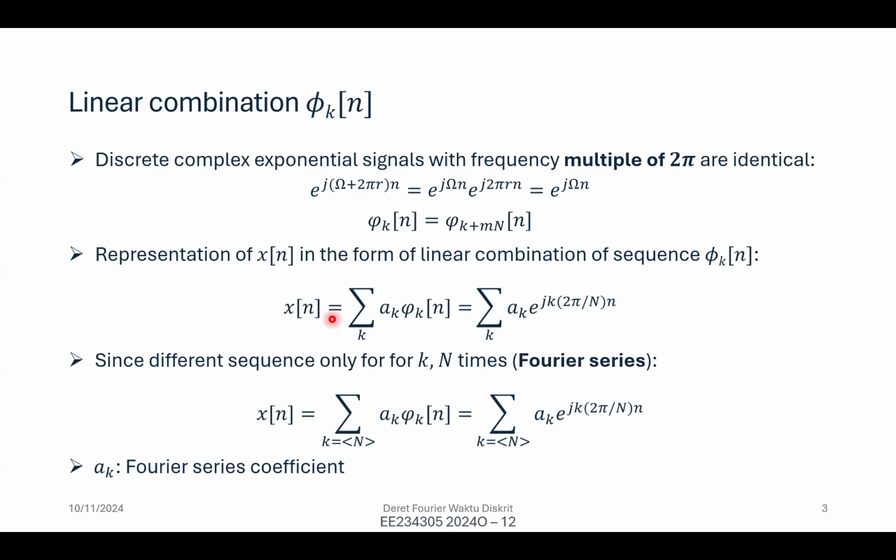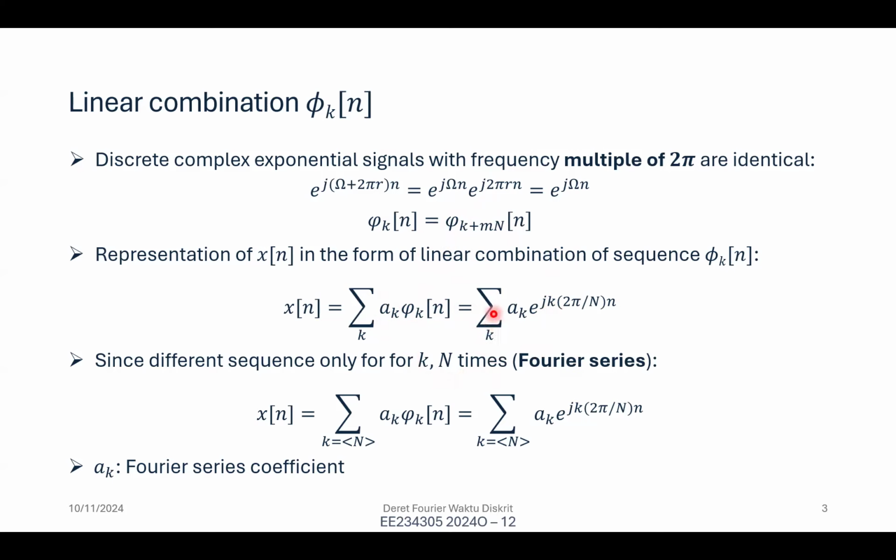This is the discrete signal that we have. x[n] could be represented by the summation of the linear combination of the exponential signals, a_k times e to the power of j k times 2 pi over N times n. Since this is only different for k, we have N terms in the summation.